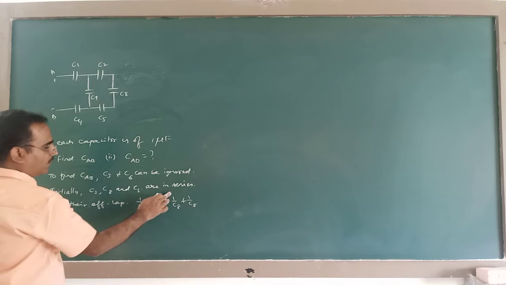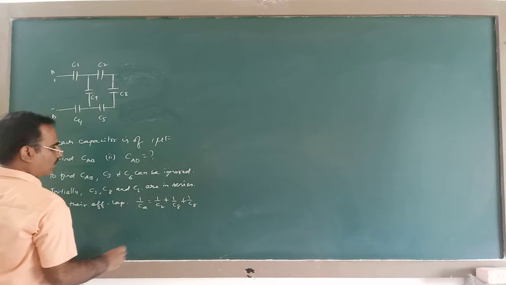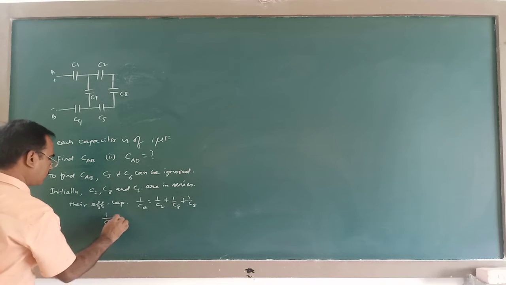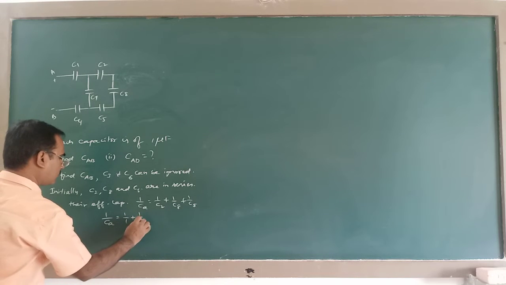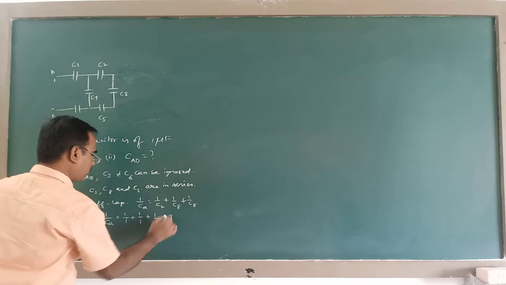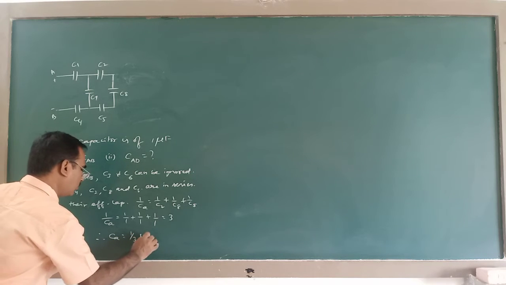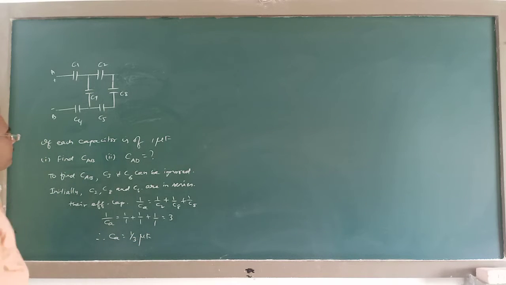So it is 1 by 1 plus 1 by 1 plus 1 by 1, which is equal to 3. Therefore, this CA is equal to 1 by 3 microfarad.